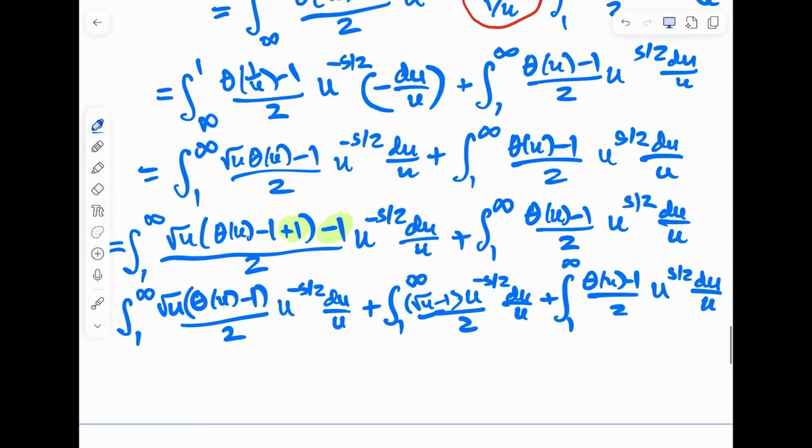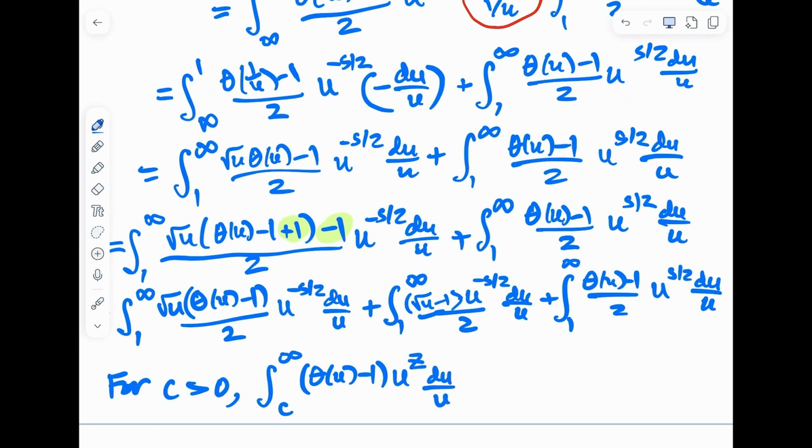Now here's the amazing thing, and I should have emphasized this point: if you integrate down to a positive number, that's a c, that's not a 0, and you take any power of u, this actually converges on the entire complex plane.